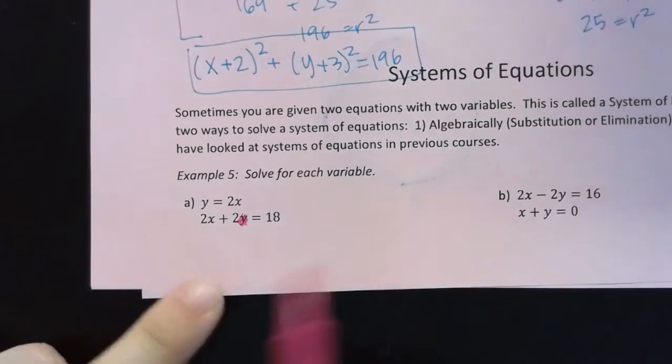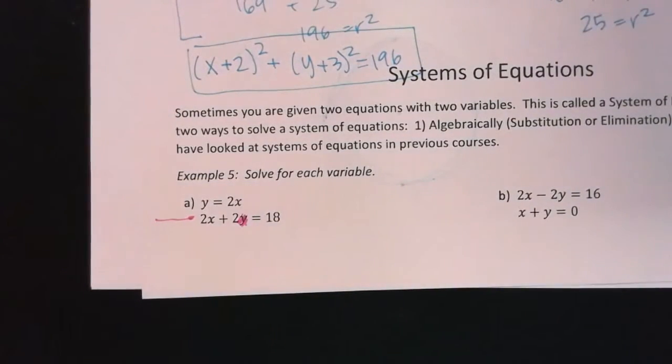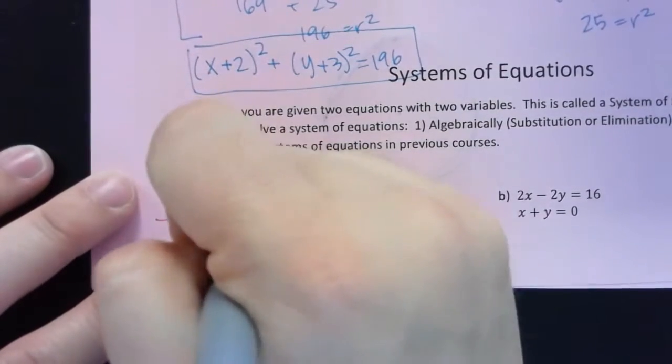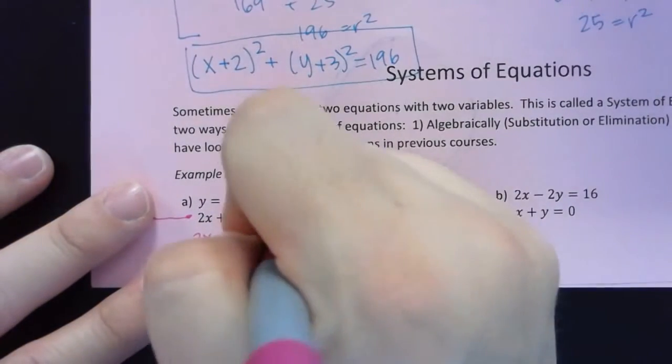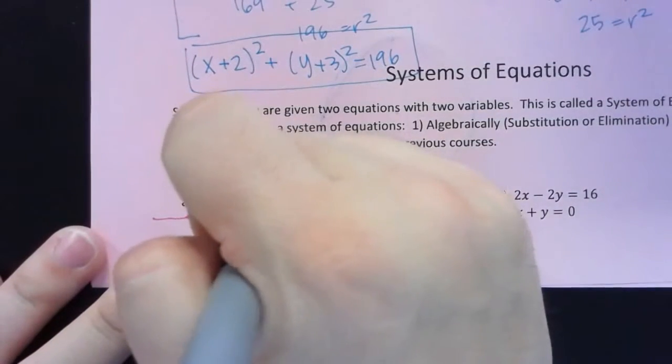So our whole point is to get rid of all of the variables except for one on one of those equations. So I'm going to rewrite it, 2x plus 2 times y, we'll fill that in just a second, equals 18. But I don't want to put y there because that still is two variables in the one equation. I want to change it so they're all x's. Instead of putting y, you will put 2x.